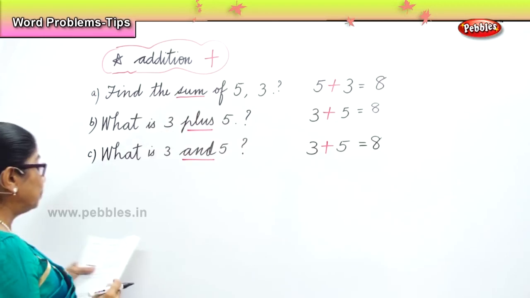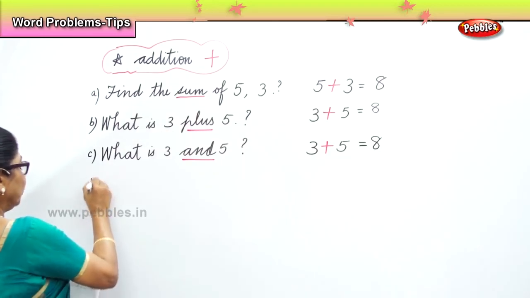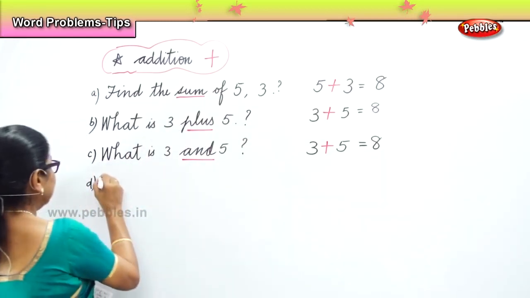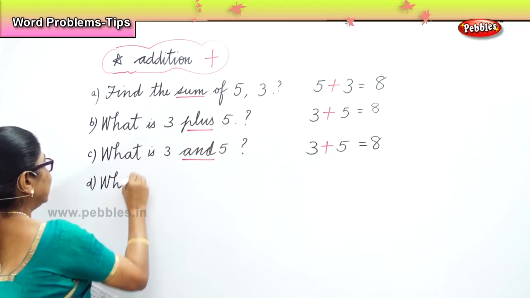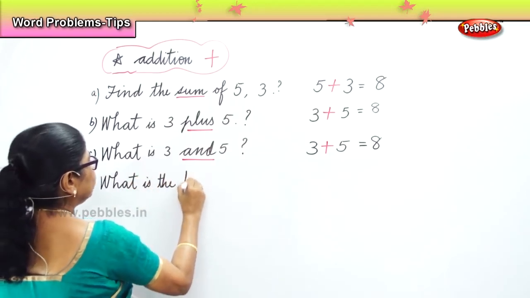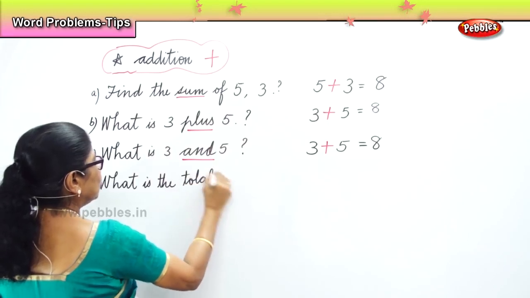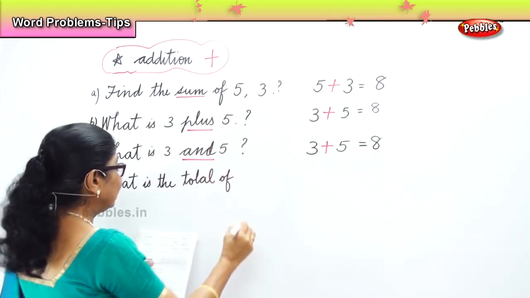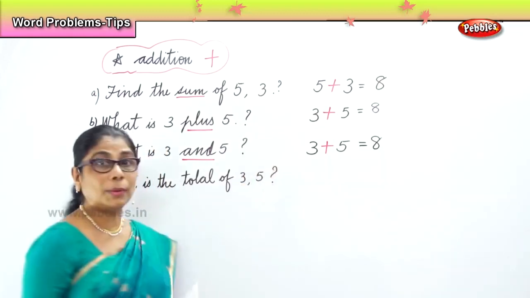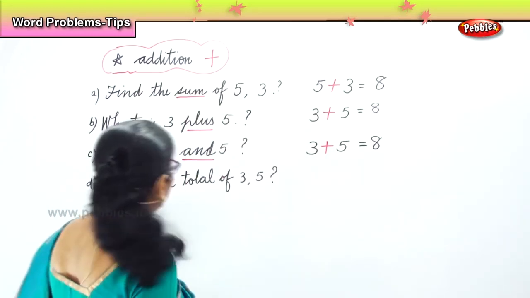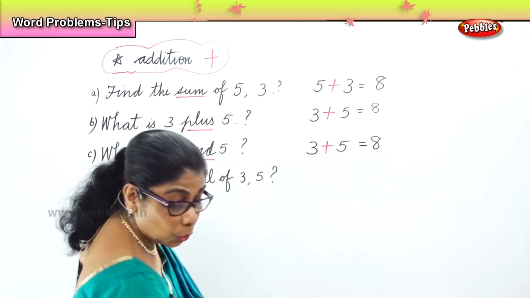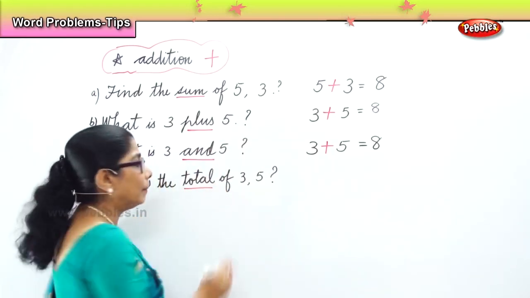Okay. Another small problem. What is the total of 3 and 5? When you say total, it means again plus.